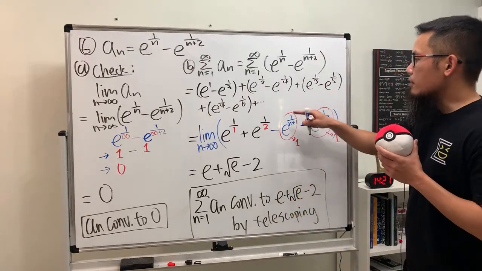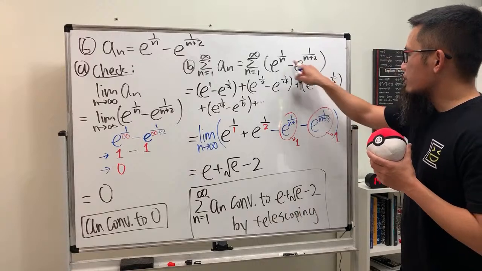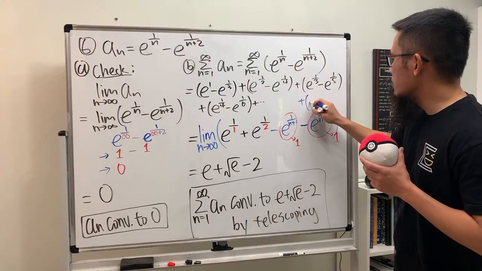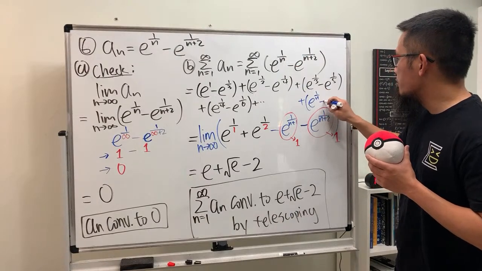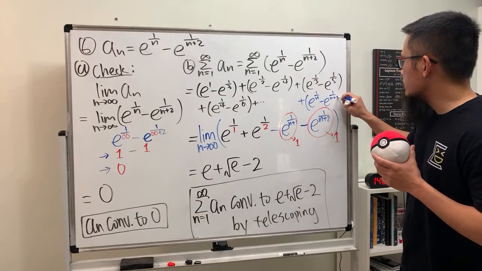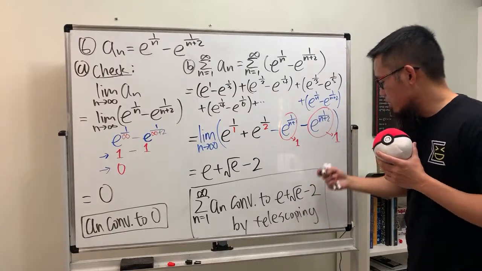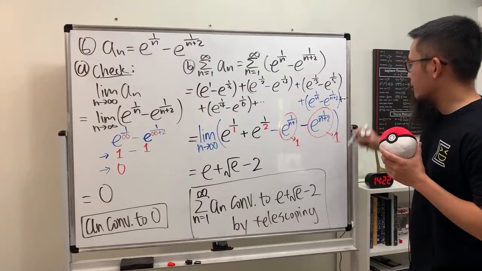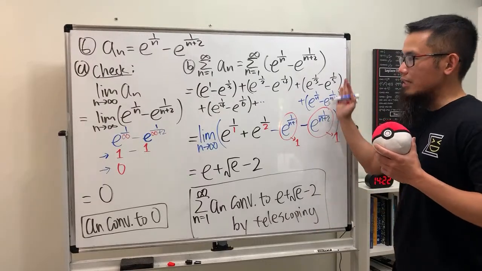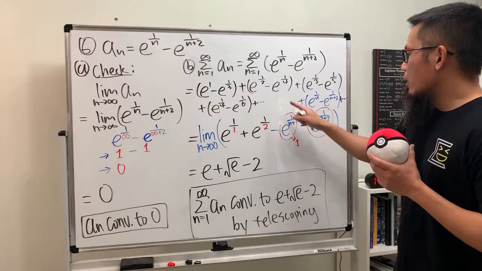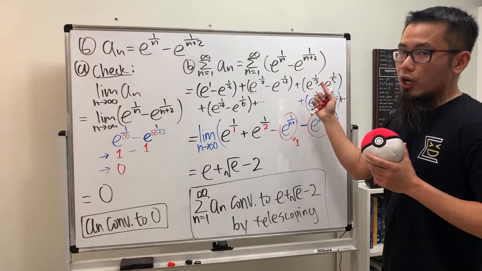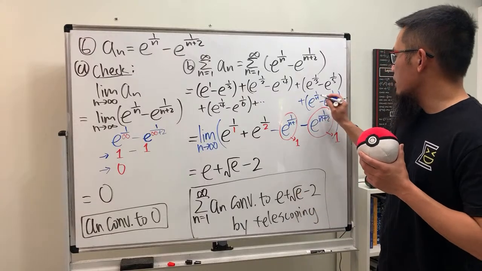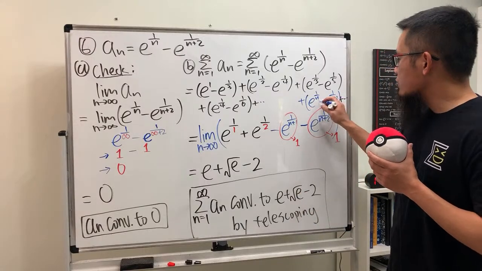We are going to write down the nth term as well. So the nth term is just this, namely e to the 1 over n minus e to the 1 over n plus 2. And after that, keep in mind there's a plus dot dot dot. This is where you stop at n. Because they are off by 2 terms, you should also write down the term beforehand, which is, you substitute n minus 1 here and here.